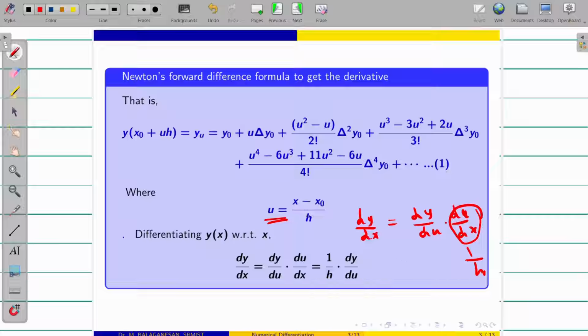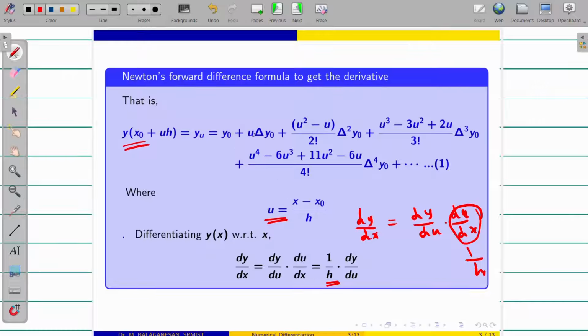The constant is in multiplication, so we get the same. The numerator x with respect to x is 1 and the denominator is h. So that's it. It will be 1 by h. 1 by h into dy by du you have to do now. So 1 by h is there. What is dy by du? This is y.